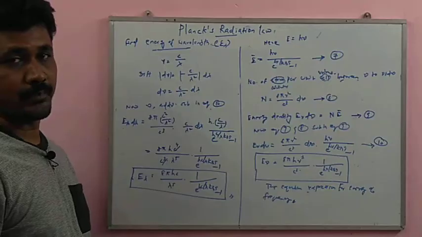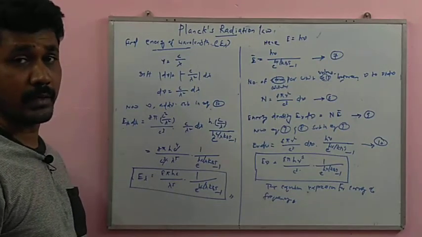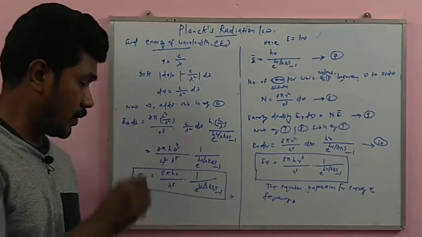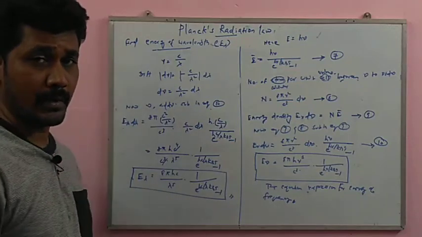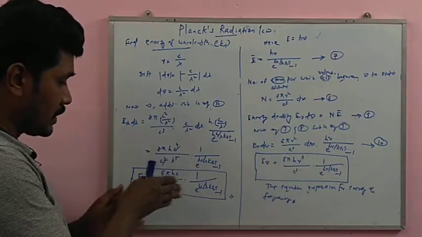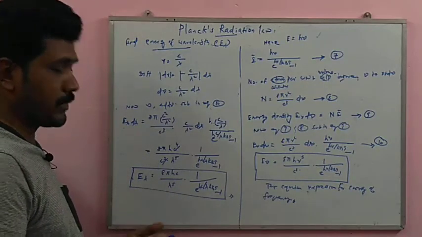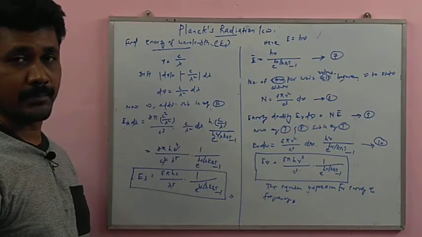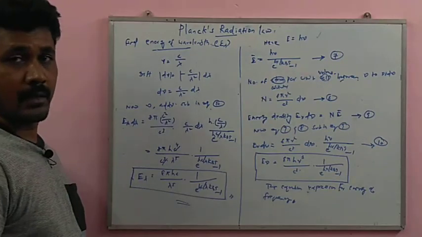Stefan-Boltzmann's law and Wien displacement law are good only for shorter wavelengths, while Rayleigh-Jeans law is good only for longer wavelengths. But the black body radiation theory is good for all wavelengths. It is Planck's radiation law. Thank you.